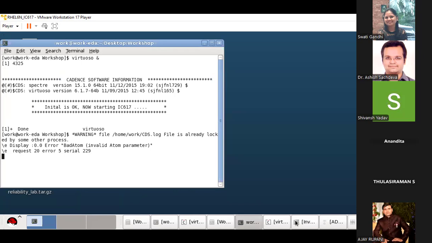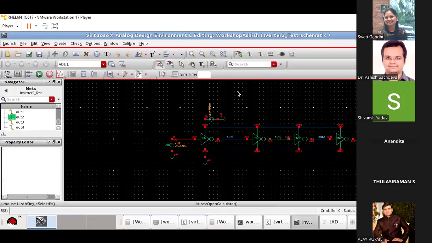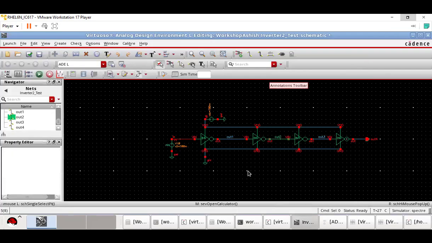Okay, so in this particular circuit of four inverters, I give you an assignment to do. If you have the Cadence software, then please compute the delay between the first input and the first output, and then according to this input, get the second output, third output, fourth output.